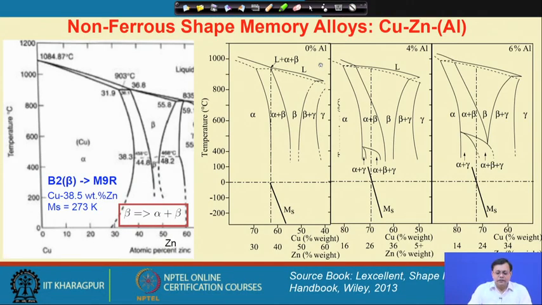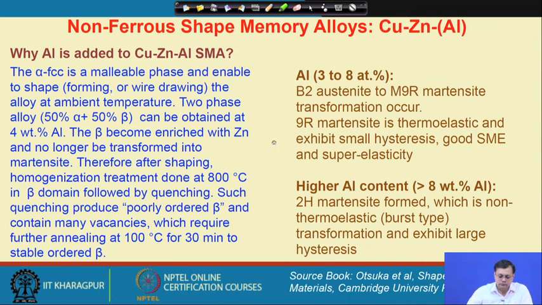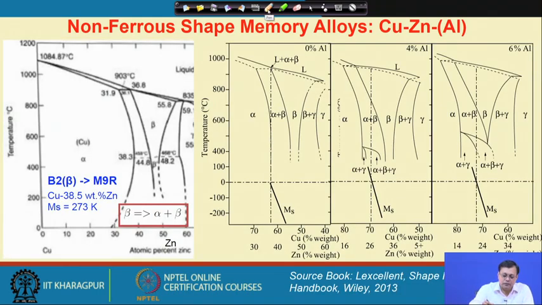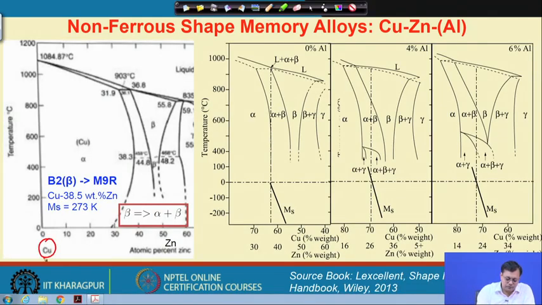Now, in the case of a copper-zinc system, if you look at the phase diagram of copper and zinc, this is the atom percent of zinc, and on the y axis the temperature is shown. This is the alpha FCC copper region, where we produce brass, and here is a very interesting beta phase that has a B2 structure.